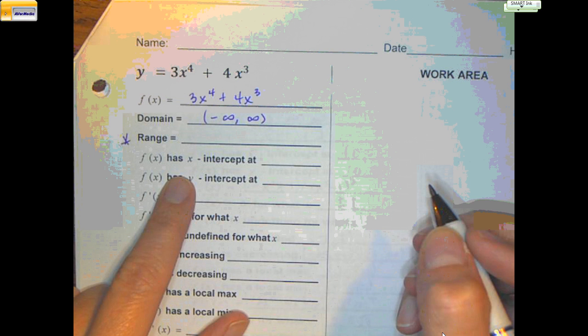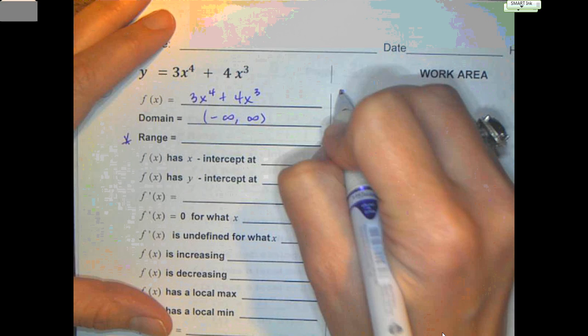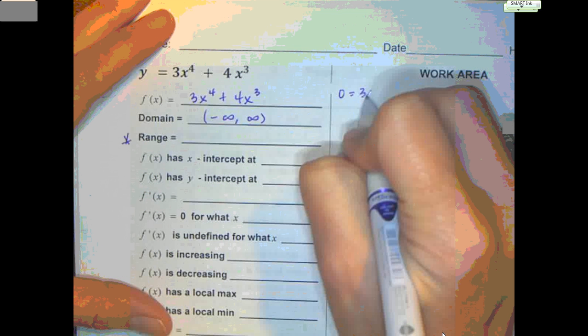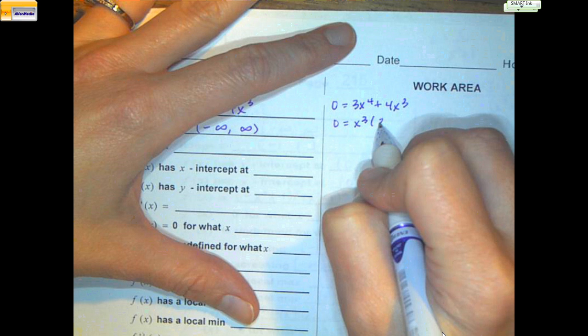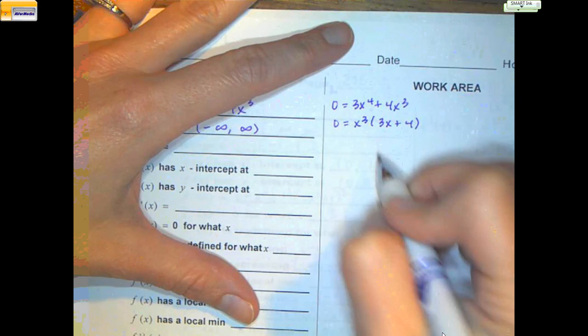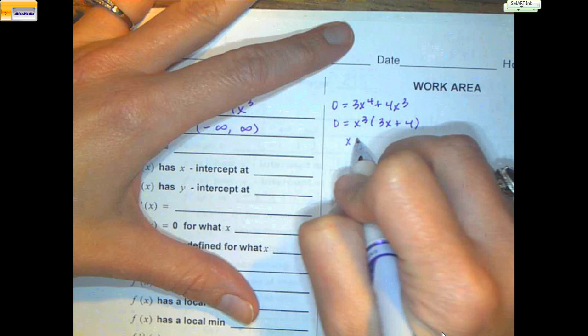So we have 0 equals 3x to the 4th plus 4x cubed. I can factor this. I'm going to take out x cubed. I'm left with 3x plus 4. If I set each of those equal to 0, I have x could be 0 or -4/3.